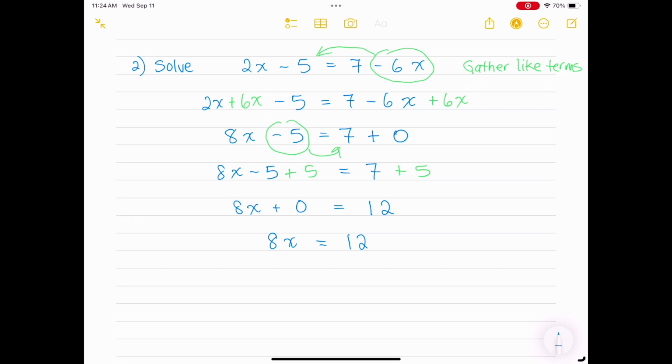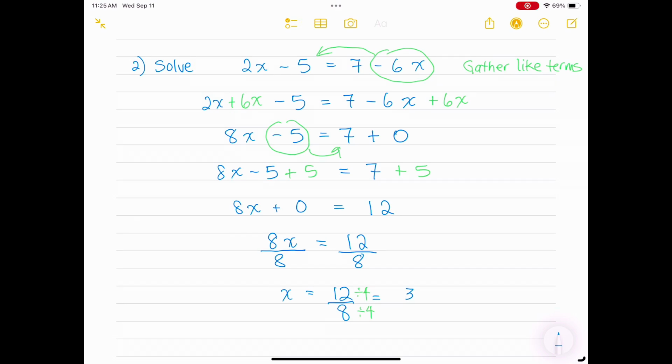Now I have 8x equals 12, and I isolate x by dividing 8x by 8. And whatever I do on one side of the equation, I balance by doing the same on the other side. On the left, 8x divided by 8 equals 1 times x, or just plain x, and on the right-hand side, I have 12 over 8.